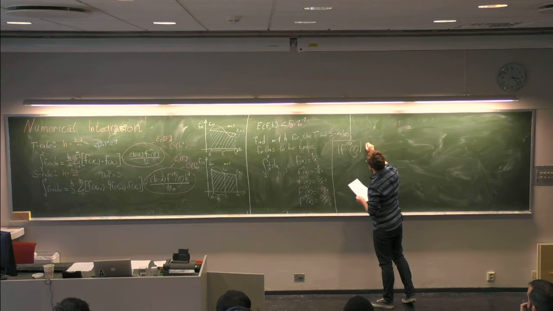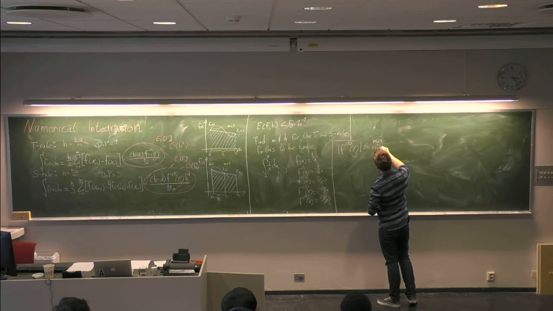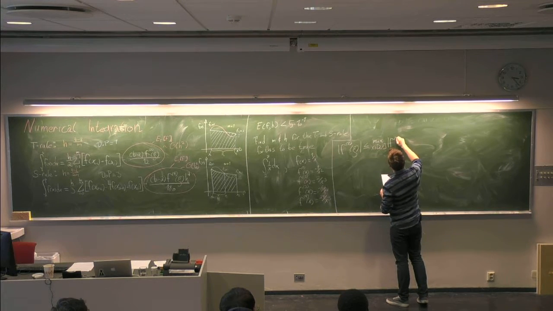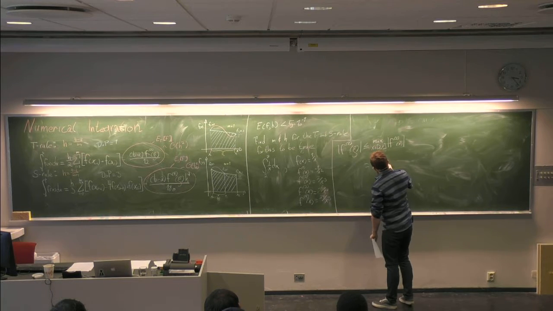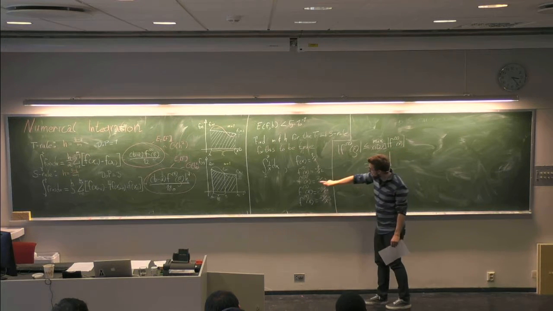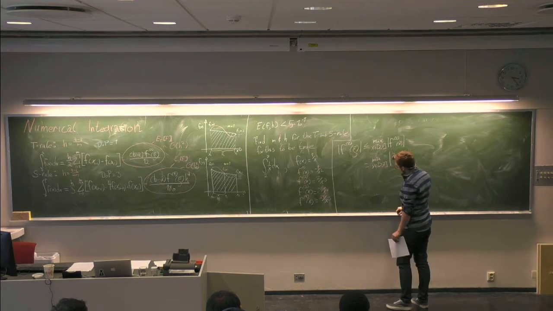So this one has to be lower than the maximum over x in [2, 7] of the second derivative of f, and this is then equal to the max over x in [2, 7] of 2 over x to the power of 3.